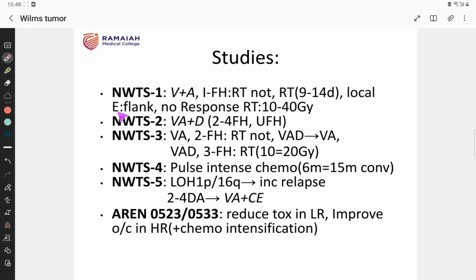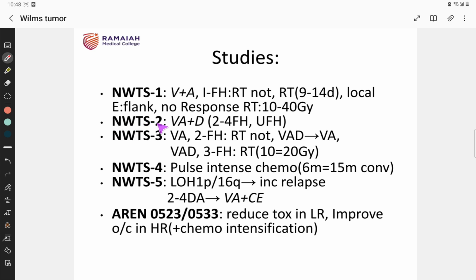And if there is only local extension, then only flank RT is enough instead of whole abdomen RT. They saw that there was no response to radiation beyond 10 gray. So the 10 to 14 gray which was being given was not useful, so it's better to stick to 10 gray.